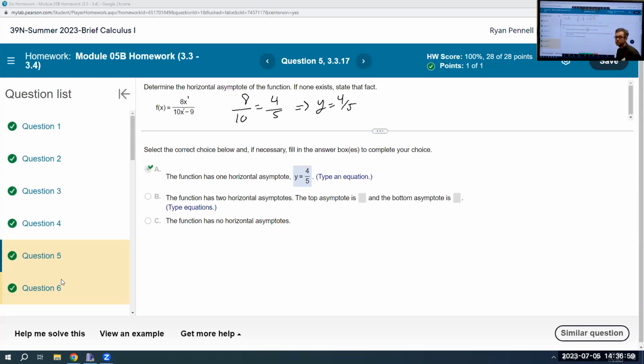That's where it's going to occur. If we plug that into a graphing calculator, into Desmos, you will see that that occurs. Y equals 4/5 is our horizontal asymptote. There's also a vertical asymptote for this, but it didn't ask.